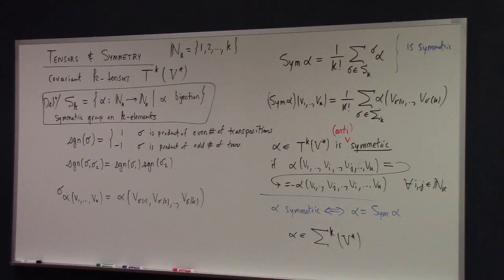All right, that is another subspace of the set of all k tensors, k covariant tensors over V star. So you've got the subspace of symmetric tensors, the subspace of antisymmetric tensors.